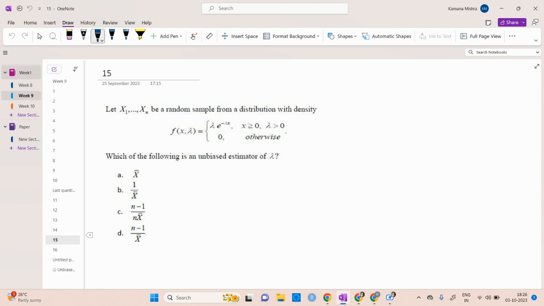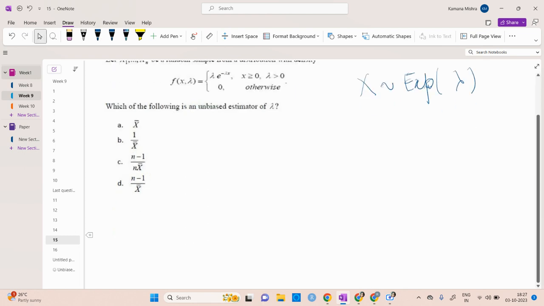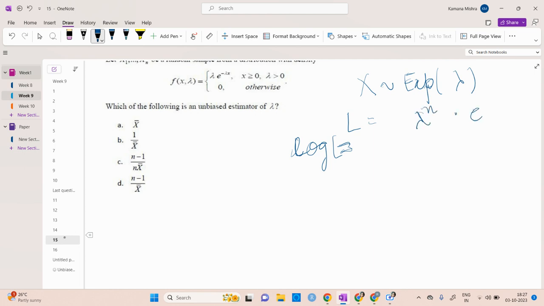So here we can clearly see that x follows an exponential distribution and its parameter is lambda, right? So now if we find the log likelihood function, log L, firstly we should write L. It will be lambda to the power n e to the power minus summation lambda xi, right?